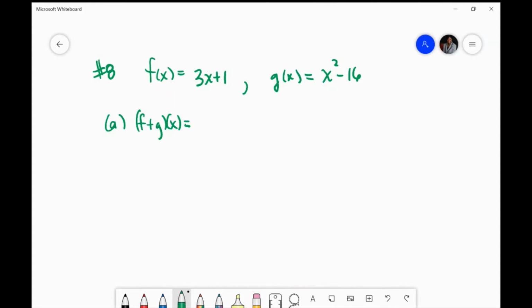What does it equal? According to our little box on the first page. F of x plus g of x. Yep, f of x plus g of x. And that makes sense. All right, if you look at it, it makes sense. F of x equals what?